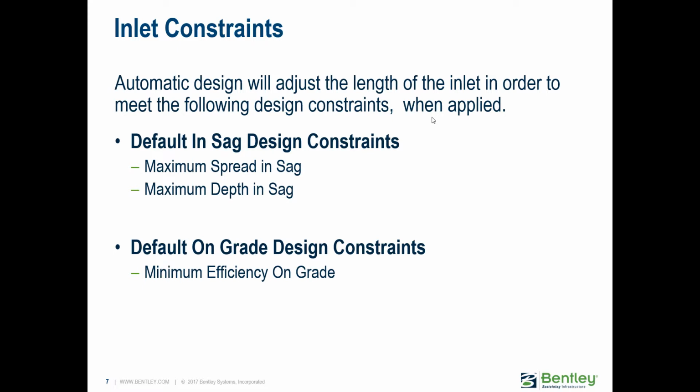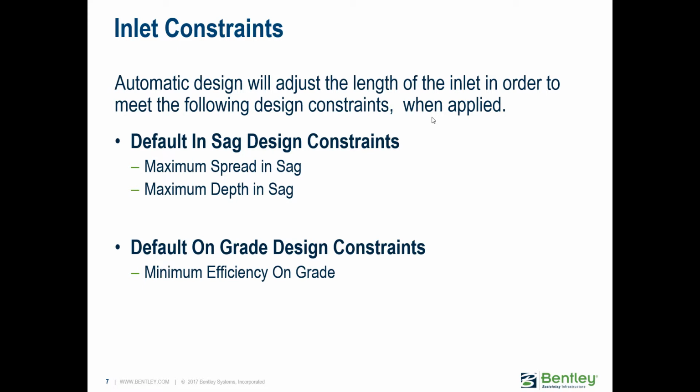So the on-grade doesn't collect 100% of the flow that comes to it, whereas an in-sag does. So in an in-sag inlet, we assume that all the water that gets to it sooner or later needs to go inside that inlet, okay? So you get to specify whether your inlets are in-sag or on-grade.